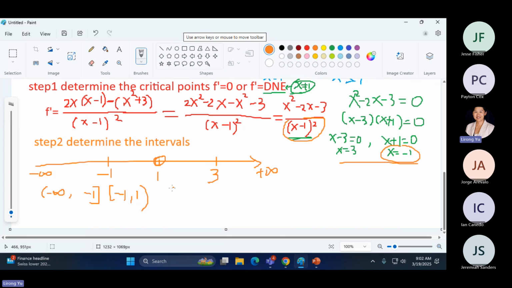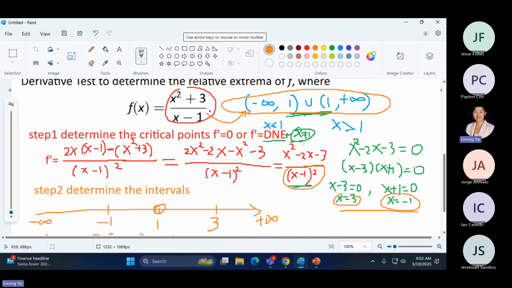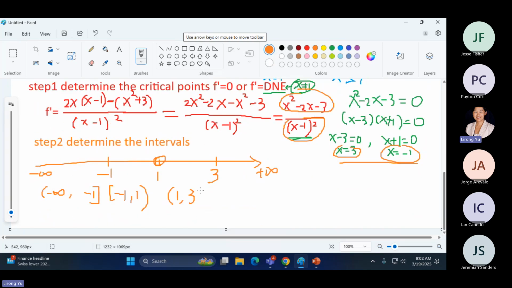Then 1 to 3, where if x equals 3 the derivative will equal 0, but equal to 0 is fine. It just means there may be a local maximum or local minimum. And then from 3 to positive infinity.